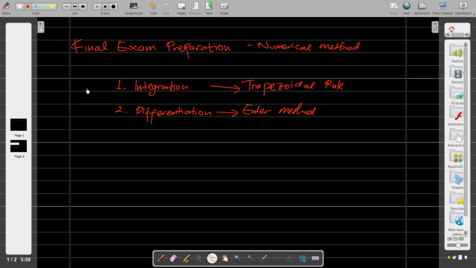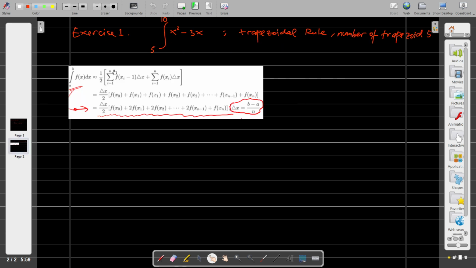So let's go to the exercise. Okay, so this is exercise number one. I have this equation, and it must be dx.